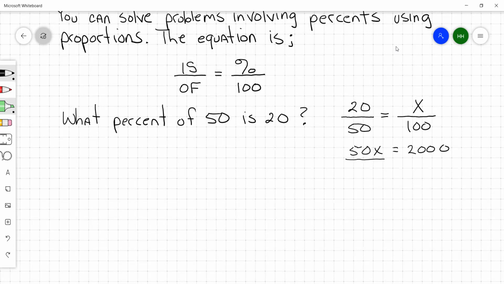Divide both sides by 50, the 50s cancel, and x is equal to 40. Done. You solved a percent problem using a proportion. Make sense? Good, let's try another one.